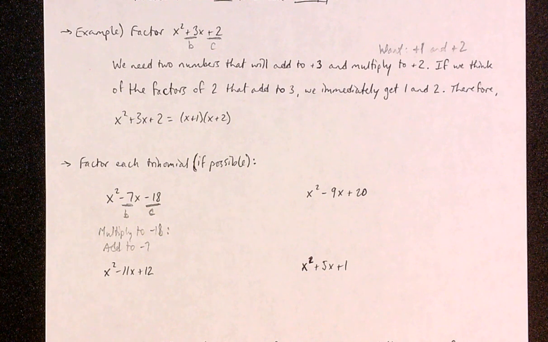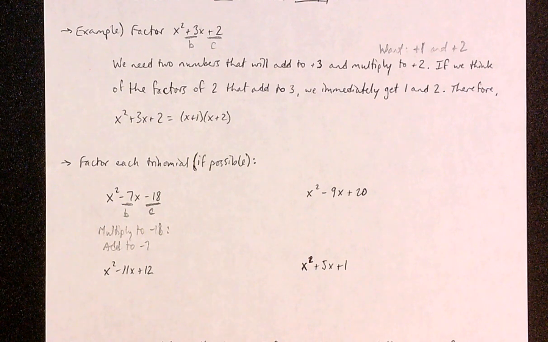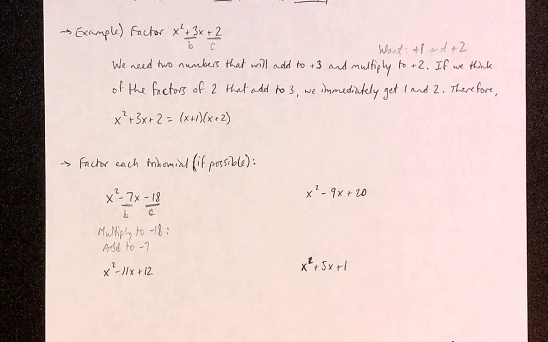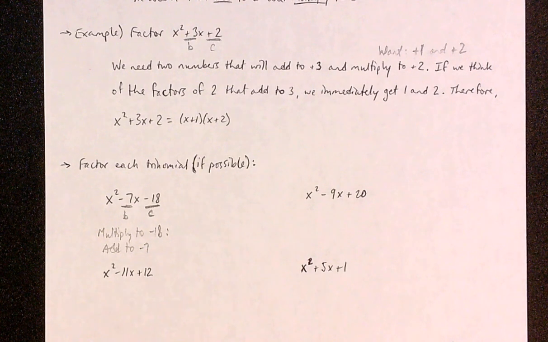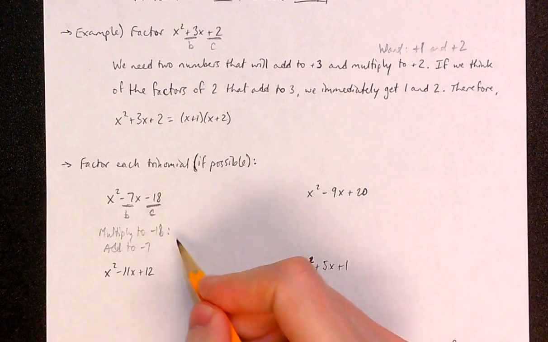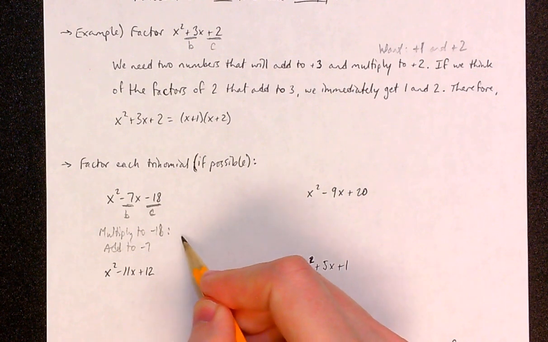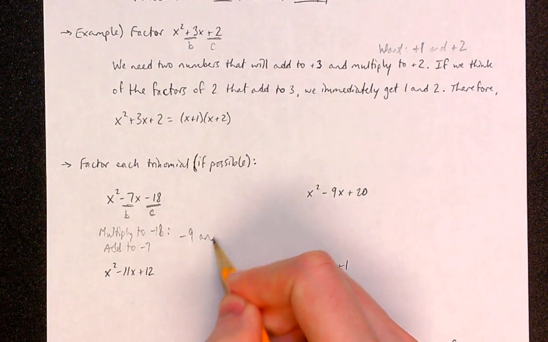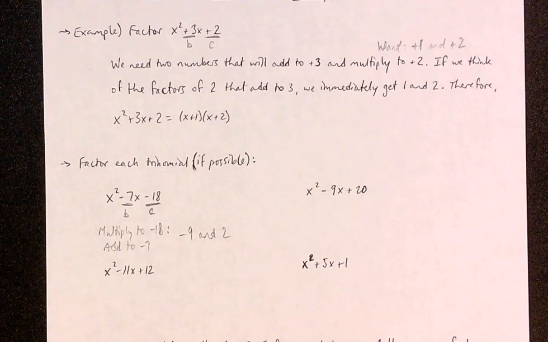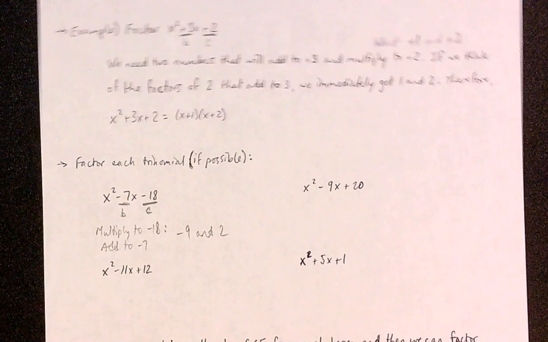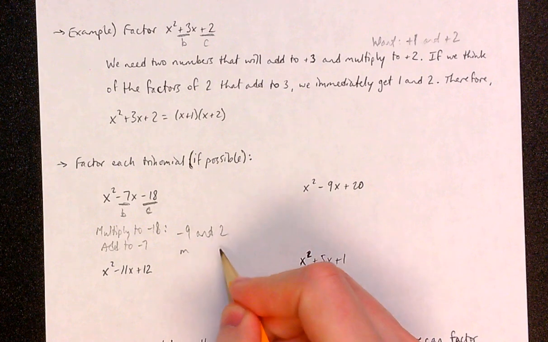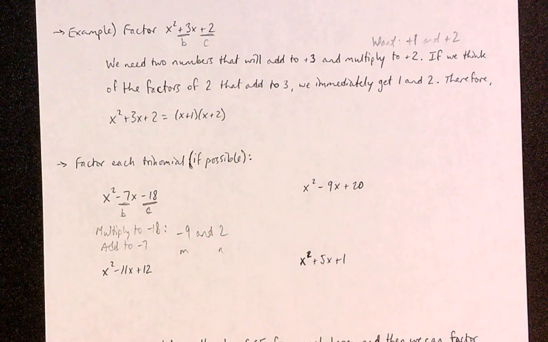What about negative 9 and positive 2? They multiply to negative 18, and this pair of numbers does add up to negative 7. So negative 9 and positive 2. Those are the numbers that I want. Those are my m and my n values.